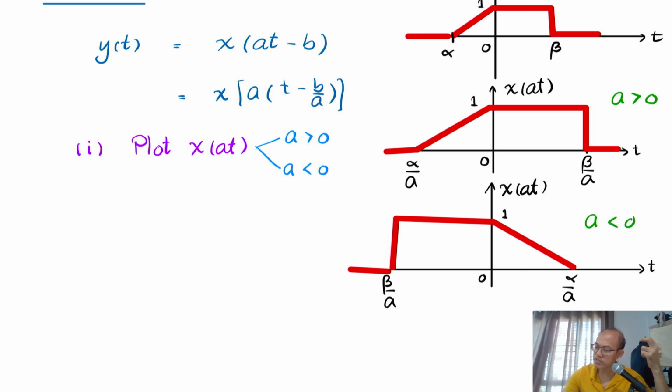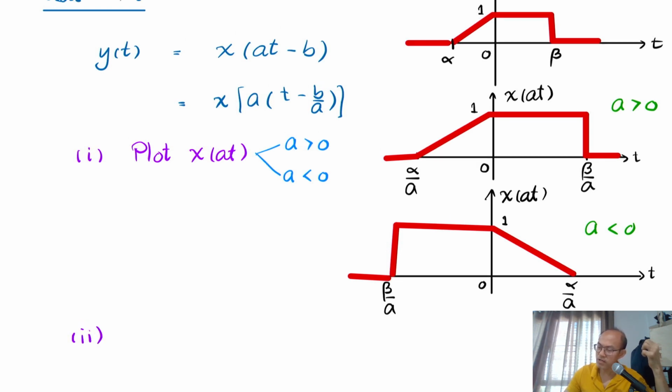Now the second step is to shift whatever we have from the first step to the right by b over a. Now if b over a is positive, then we have to shift it to the right. But if b over a is negative, then we'd have to shift it to the left.